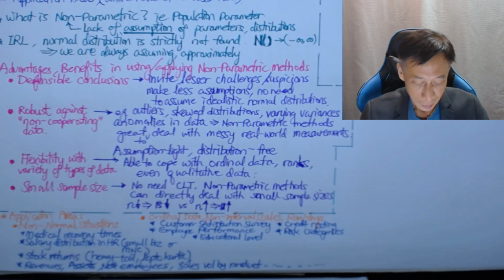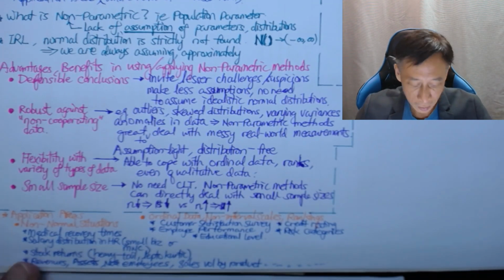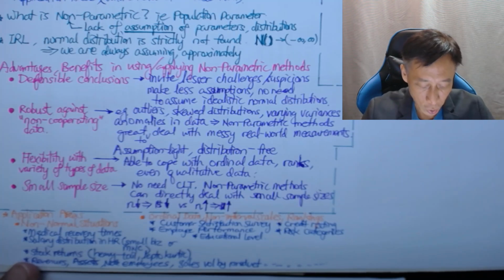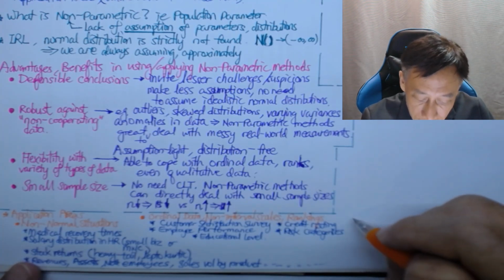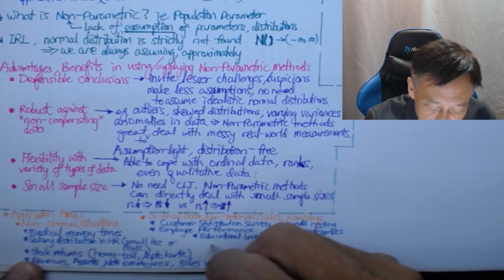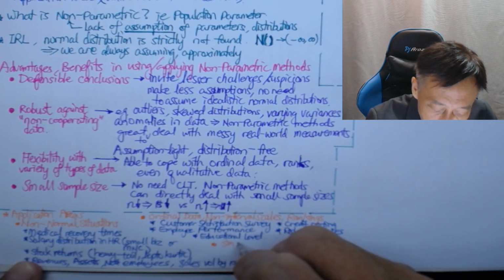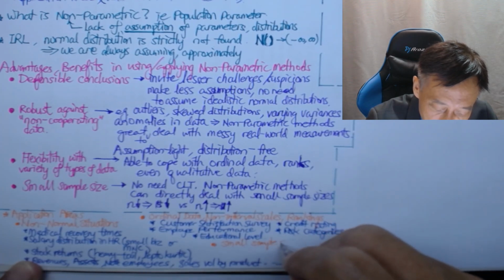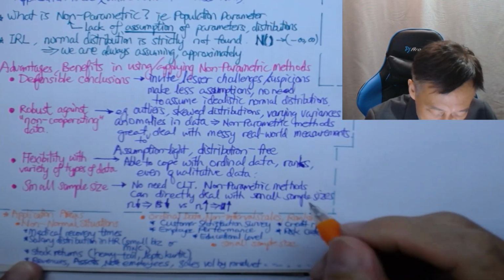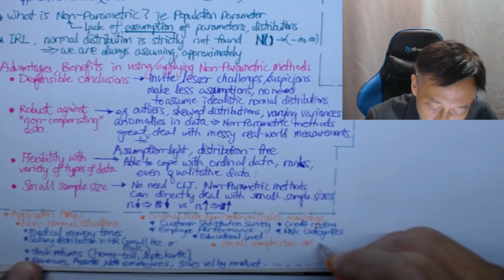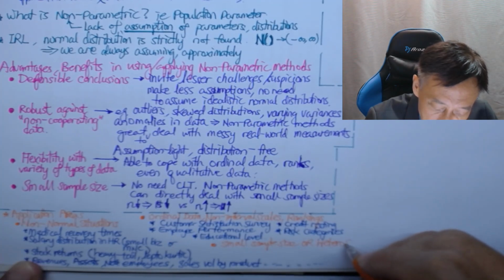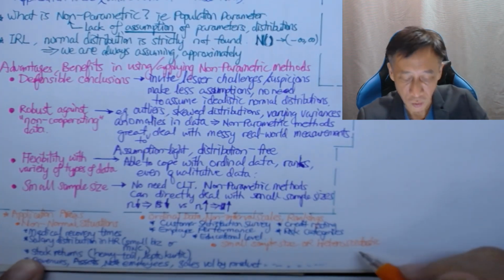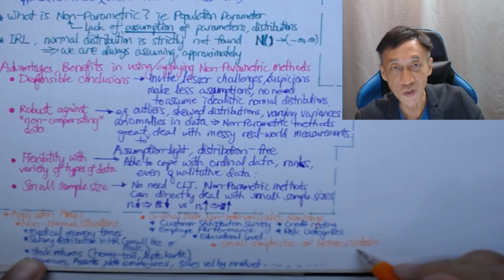Then we have other situations like small sample size, and or heteroscedastic. That means changing variance or differing variance.